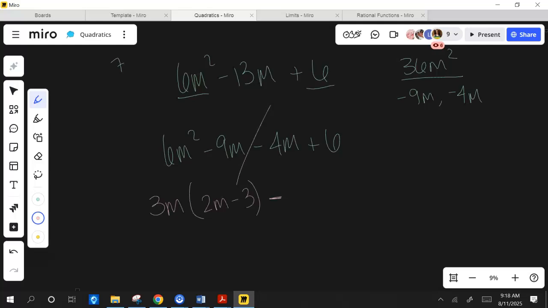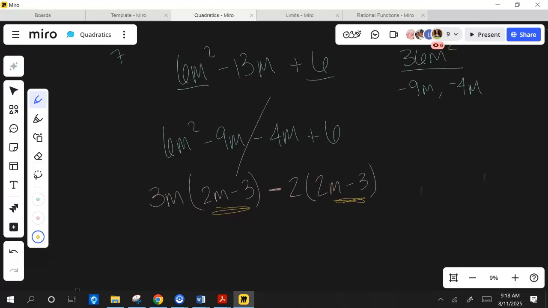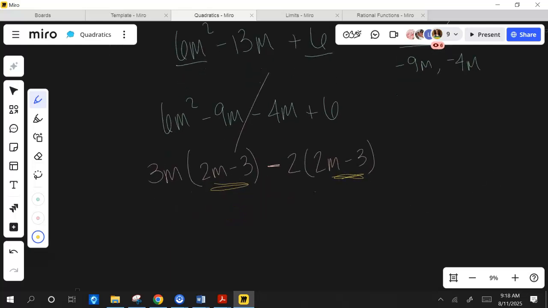All right, what's the GCF of the last two? 2. What's left when I take that out? 2m minus 3. If these two parentheses are not exactly the same, you did something wrong, back up and try again. That's your check right there halfway through the problem. Make sure you did it right. Now my common factor is 2m minus 3.